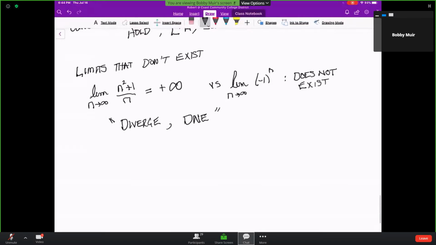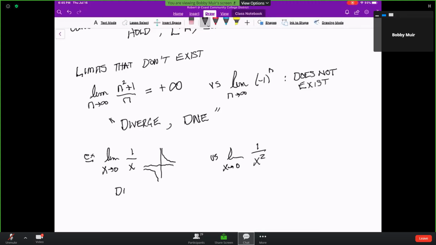Now, I want you to compare this with the limit as x goes to 0 of 1 over x versus the limit as x goes to 0 of 1 over x squared. What we decided in Math 180 was that as you're going to 0, the right and left-hand limits don't match up.